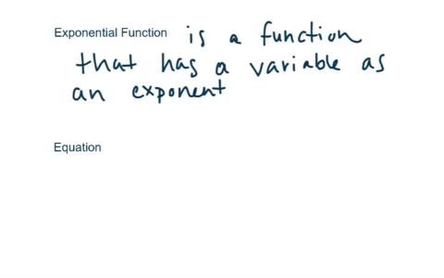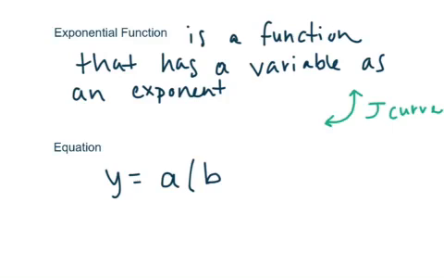We also know that it's going to make that J-shaped curve. And so our equation, we've got y equals a, I'm going to put b in parentheses this time, to the x.